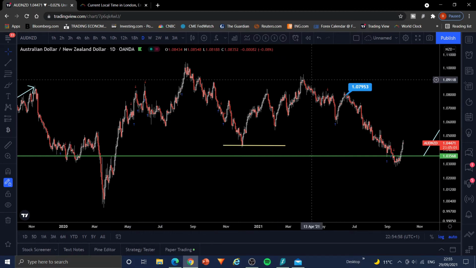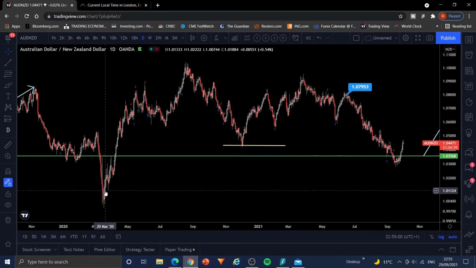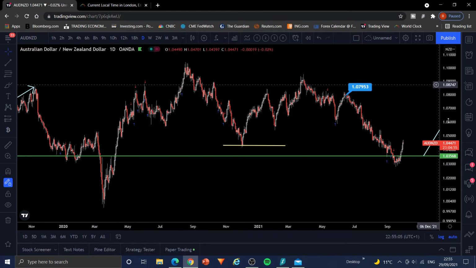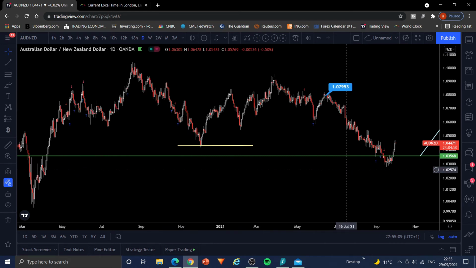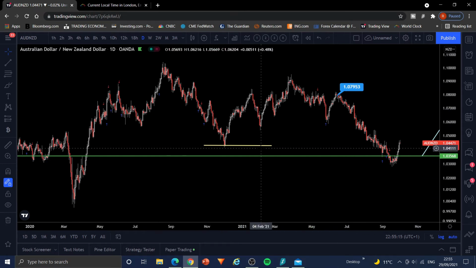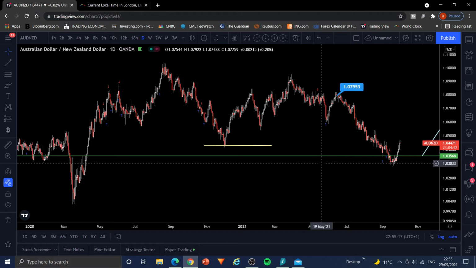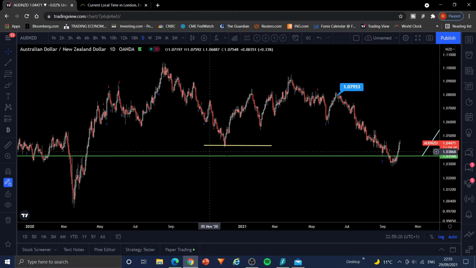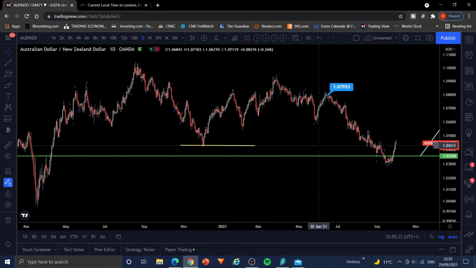Well, there's a pattern in this whole move, from March 2020 to today. There is a pattern in all of this, which I'm looking at. But in addition to the pattern, guys, I'm using the fundamentals to be my decision maker. There's a lot of technical analysis going on in here, but in addition to that, as a backdrop to my trading, there is also some fundamental and sentiment analysis.